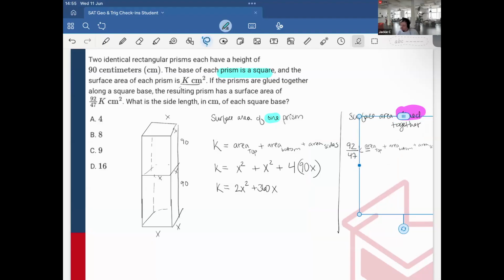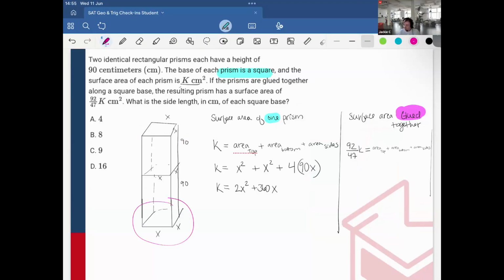Okay, so we see that here. And the only difference, I can see that glued together, I still have x squared for the top, and this x times x, which is x squared. So that's the same.